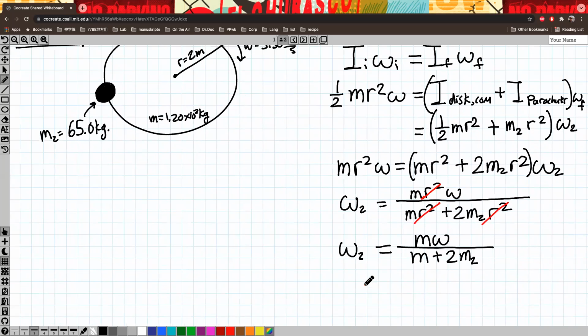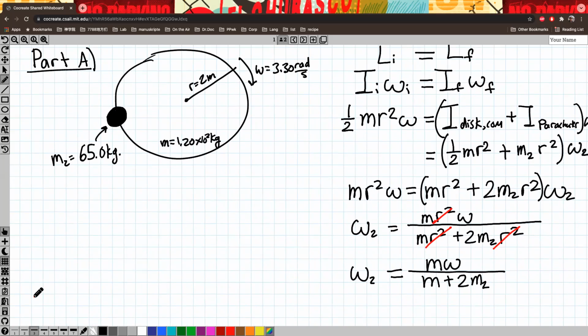So we do that. Initial angular velocity is where is it? 3.3 radians a second. That's right. The mass of the turntable is 1.2 times 10 to the 2, or 120. Then you divide by, all right, I got around 0.49.